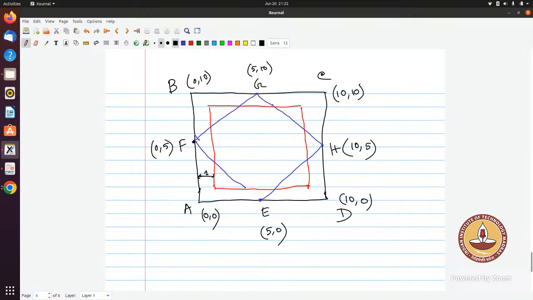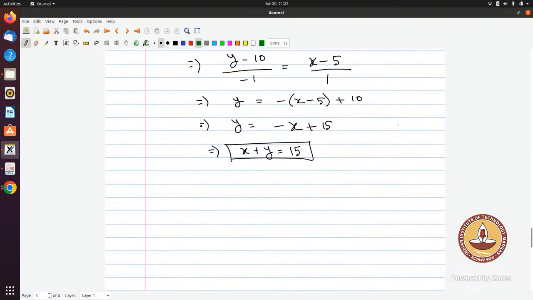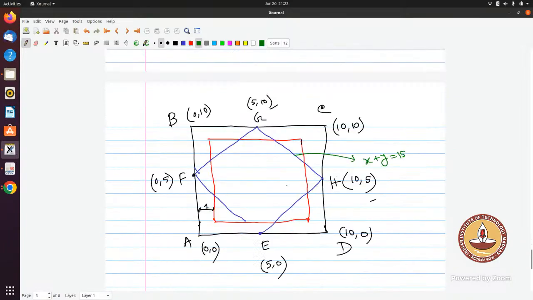The equation of GH we have just calculated using these 2 points is x plus y equal to 15, right? That is what we calculated earlier. Now, what are the equations of these red lines? These are all at a distance of 1.